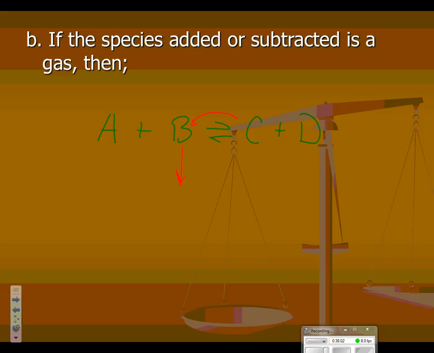Just think of it like a counterweight in the background. If I add more of this on this side, it's going to go down. The arrow has to keep going that way. Okay? So if I do take C out, the arrow had to keep going the way it was going, so it would go towards C. Okay? It's just a trick that I learned.